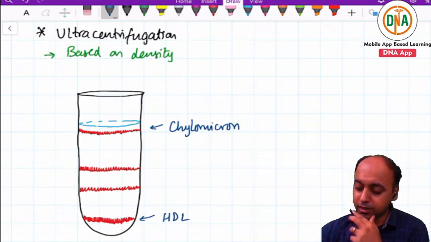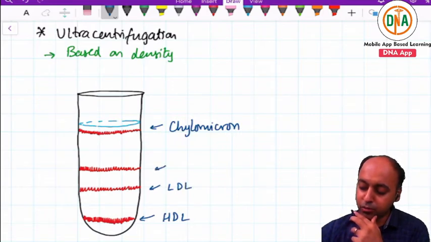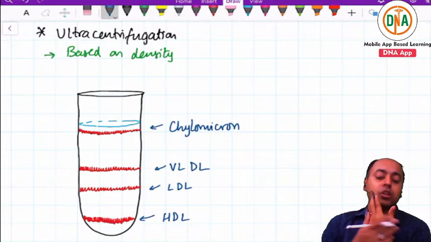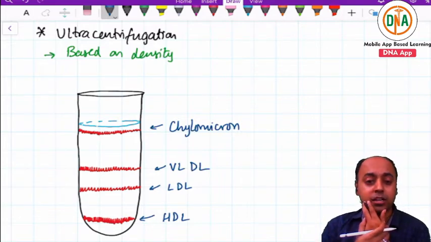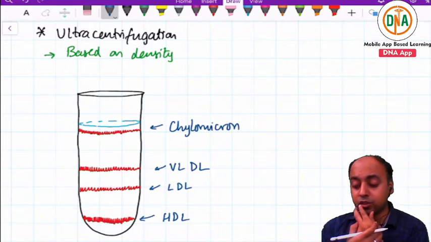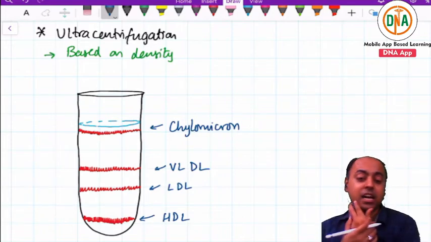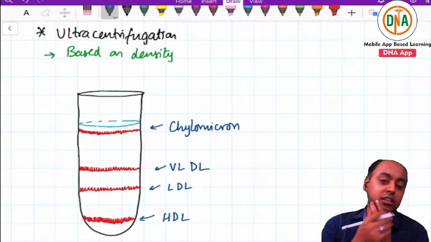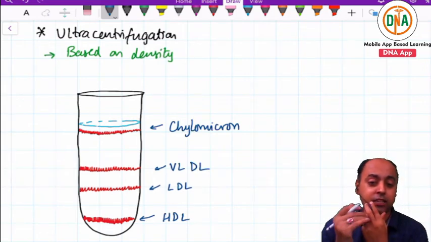Just above the high density lipoprotein will be the low density lipoprotein, and even lighter than low density lipoprotein will be very low density lipoprotein. So in the past we used to separate the lipoproteins on the basis of ultracentrifugation, which uses the property of density, and the various layers were labeled as HDL, LDL, VLDL, and the chylomicron.